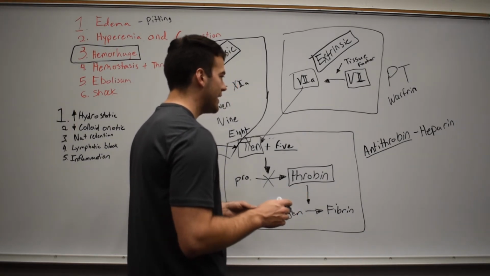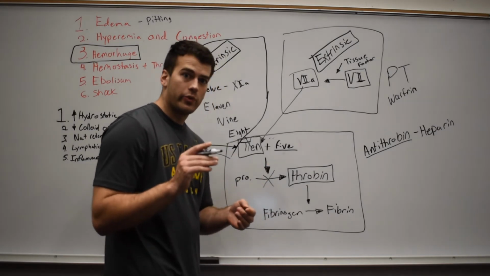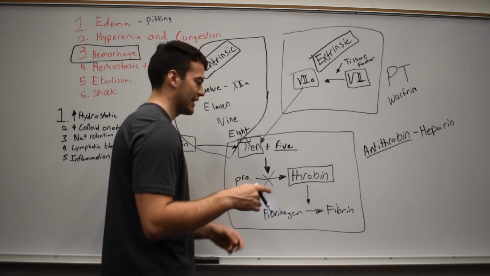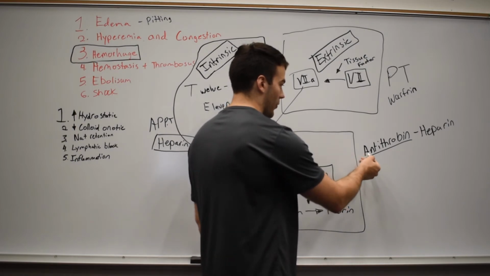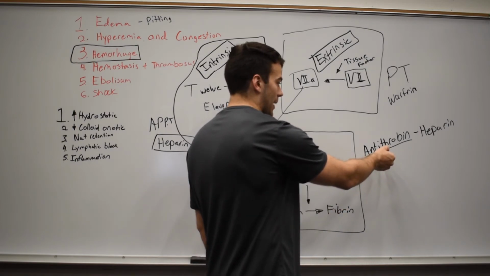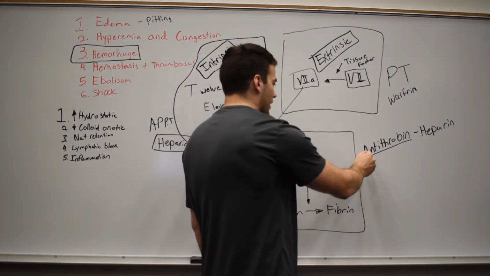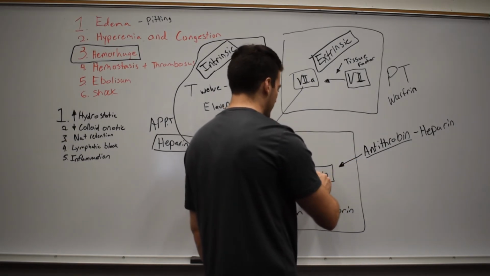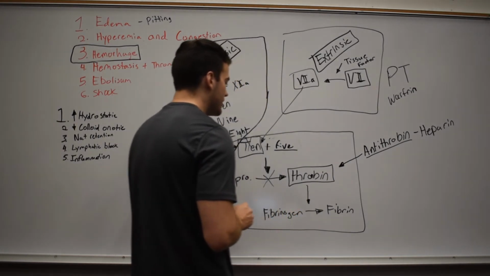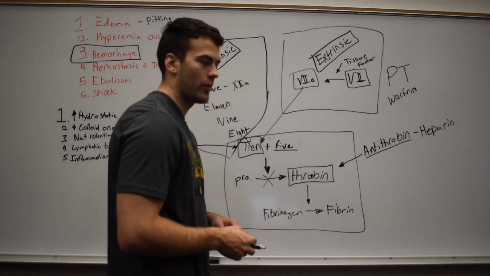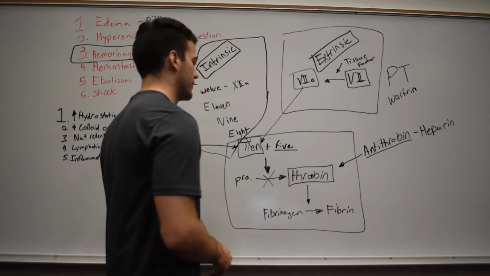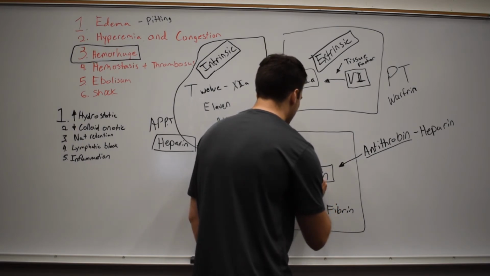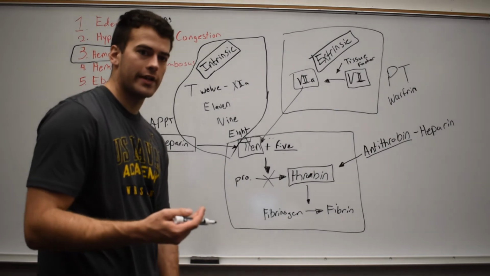And heparin is going to bind to this molecule of antithrombin, which is actually one of the only things I think that makes sense named in the coagulation cascade, because the name literally implies it's going to do the opposite of thrombin. It's going to come in when it's bound to heparin, and it's going to be able to cleave thrombin, which I forgot the M here, back into its original form of prothrombin. So it's going to cleave into two different molecules, and that's going to cause us to break down some of our clots.